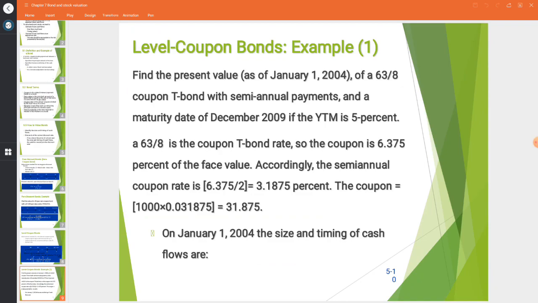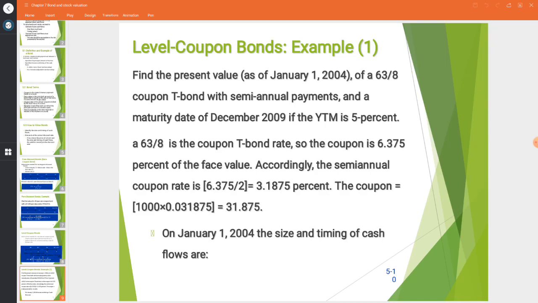Example, find the present value of a specific coupon bond. This bond started January 2004. It has a coupon interest payment of 6 3/8.